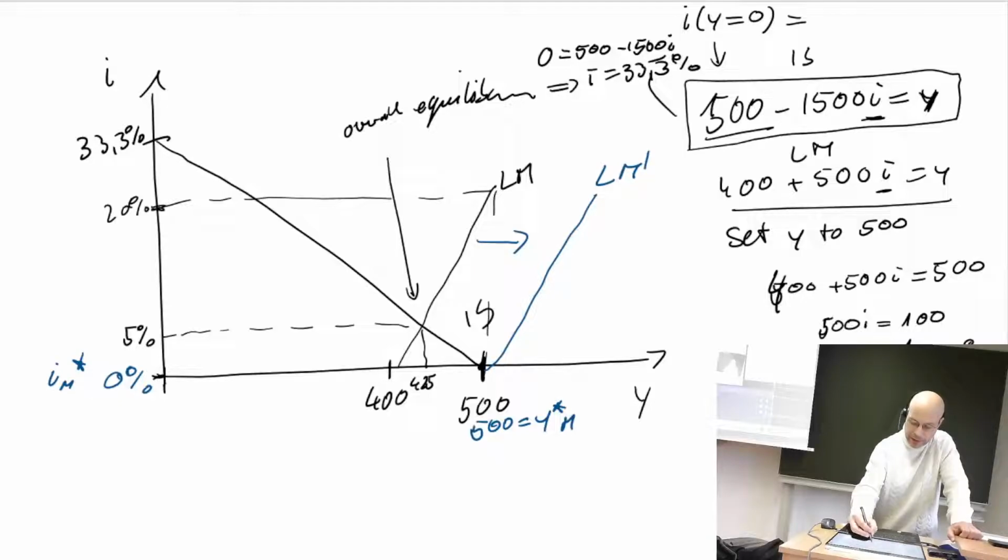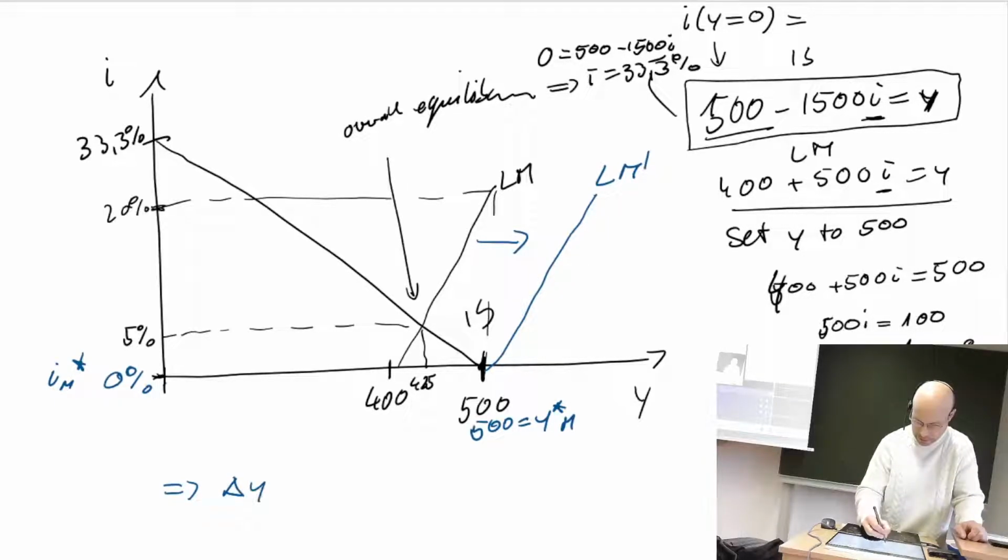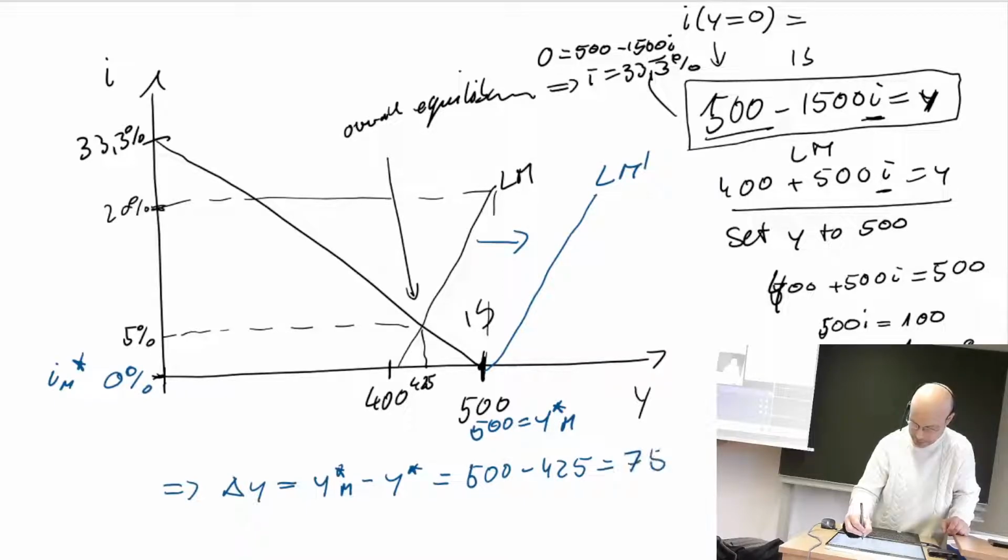So here you have this parallel shift and this positive impulse of monetary policy on the output. So delta Y is then Y star M minus Y star, and Y star we had 425, so it's 500 minus 425 is 75.